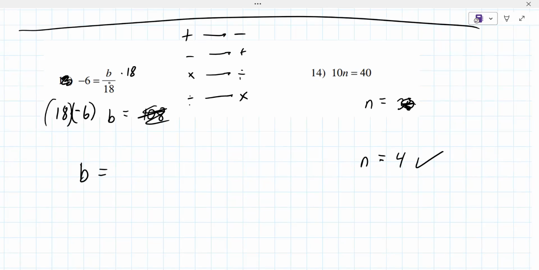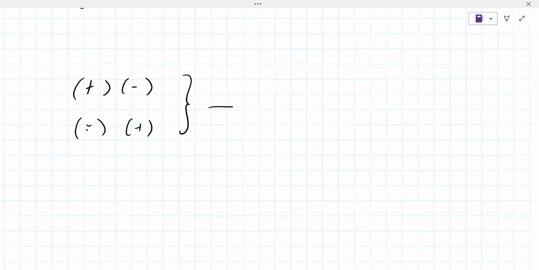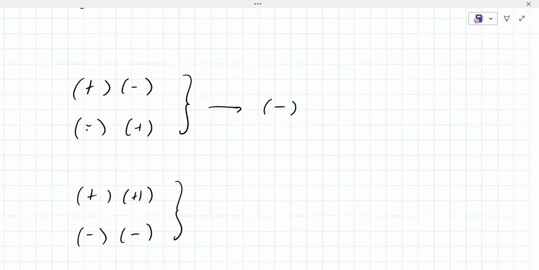Is your answer positive or negative? Positive. So you have a positive times negative. A positive times a negative or a negative times a positive always produces a negative, whereas a positive times a positive, or negative times a negative, produces a positive.